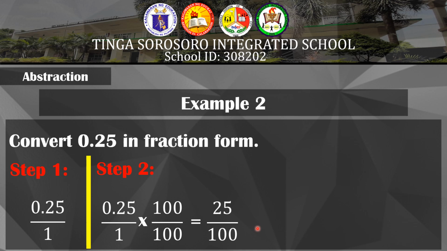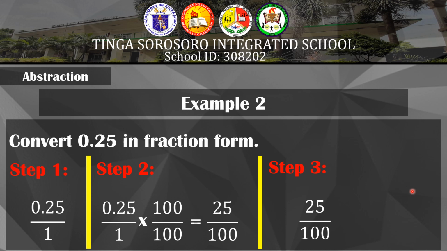Then, proceed na tayo sa step 3. Step 3, ito yung simplify. Pag simplify natin, gagamitan ito natin ng GCF. Yung GCF ay greatest common factor. So, dito, titingnan muna natin kung yung 25, kung kasya ba yung 25 or sakto ba yung 25 para makabuo ng 100 or ilang 25 ang meron sa 100.